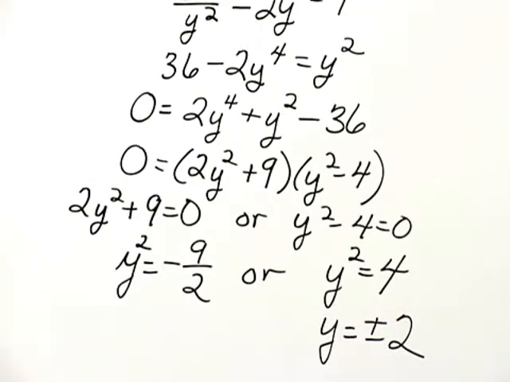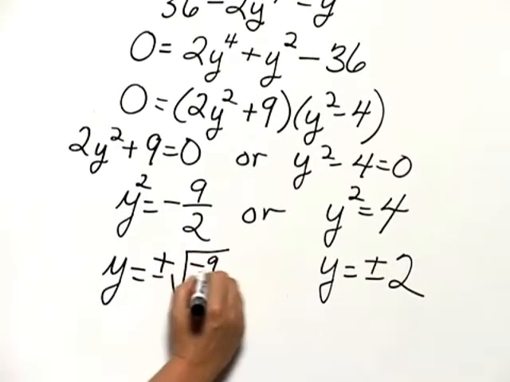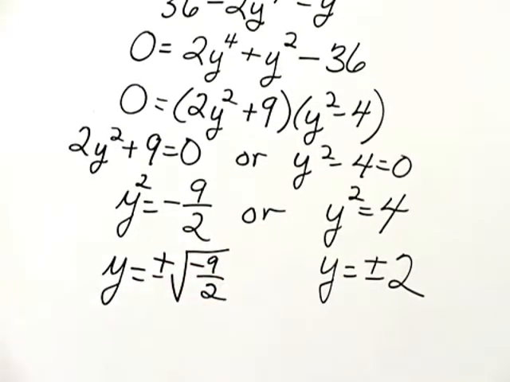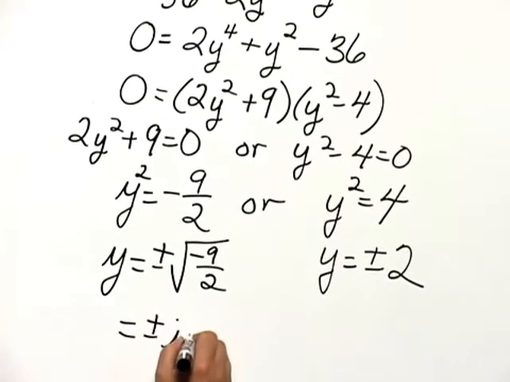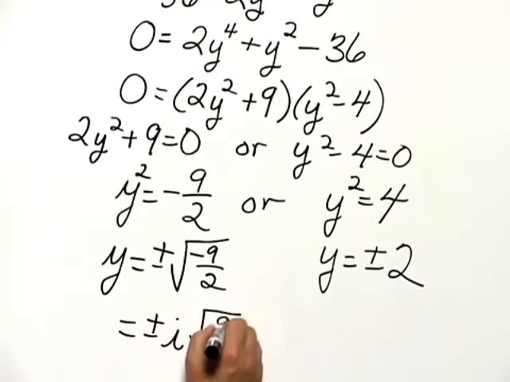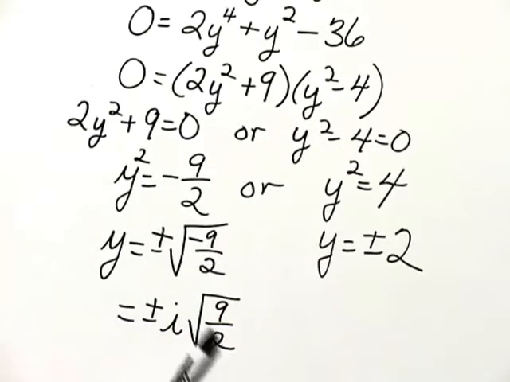This is a little more complicated because we have a negative number. So our answer is going to be a complex number, an imaginary number. Actually, so we have y equals plus or minus the square root of negative 9 halves, which would be plus or minus i times the square root of 9 halves. Now we don't normally leave it quite like this. We want to rationalize the denominator.